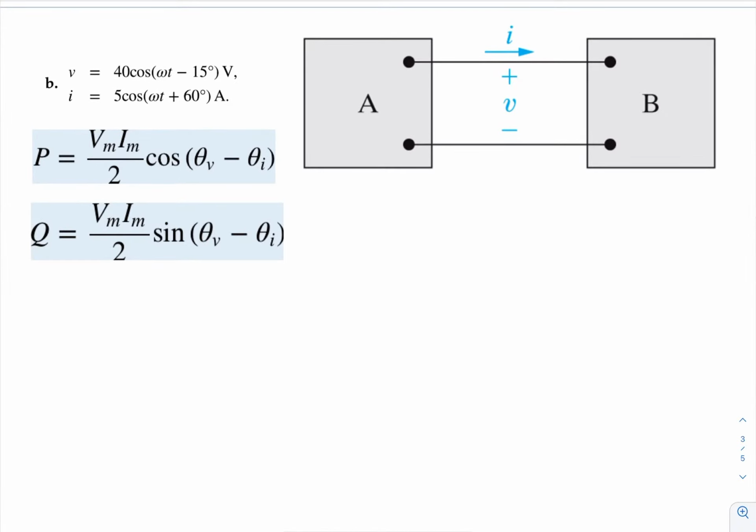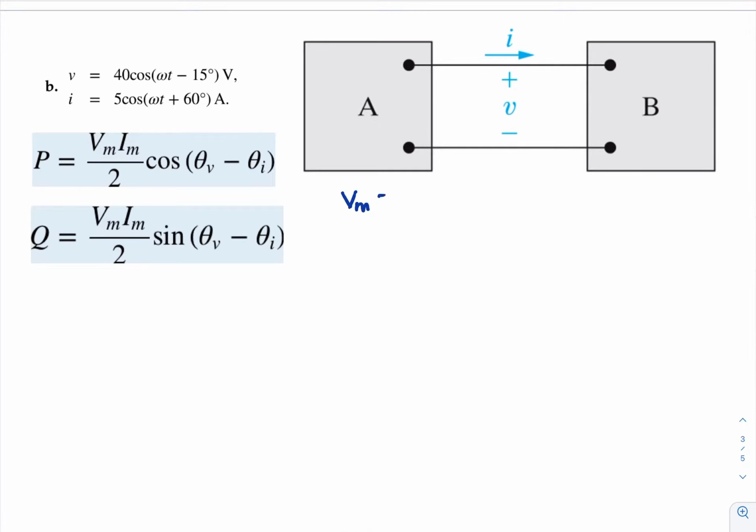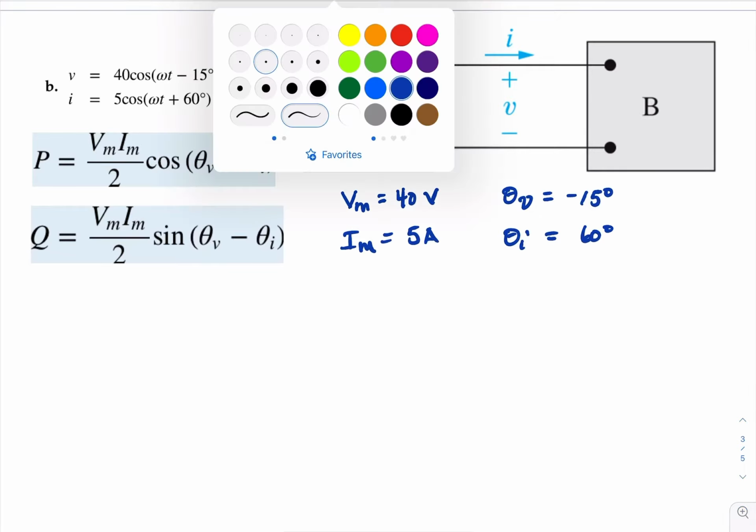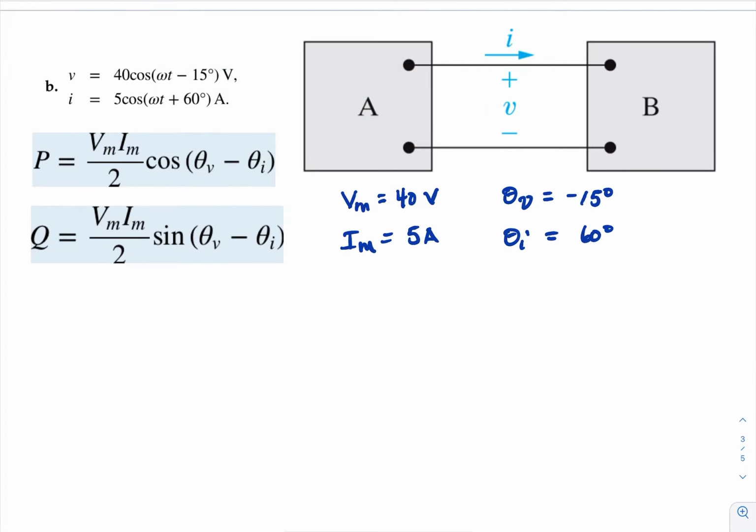So again, our V sub m is equal to 40 volts. Our I sub m is equal to 5 amps. Theta sub v is equal to minus 15 degrees, and theta sub I is equal to 60 degrees. All right, so let's find the average power first.